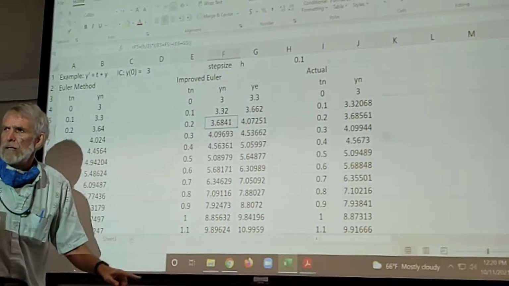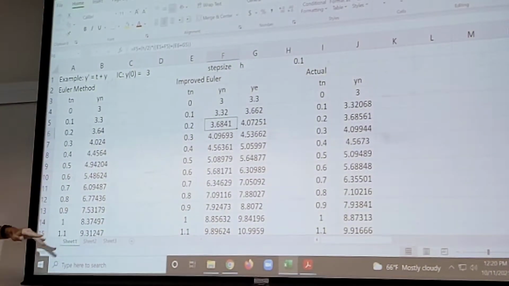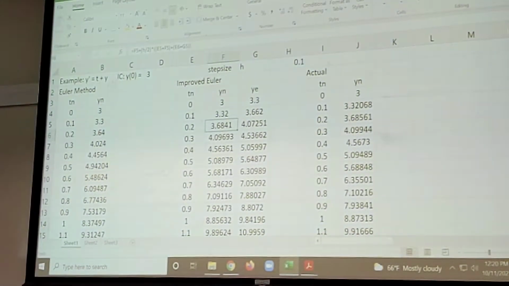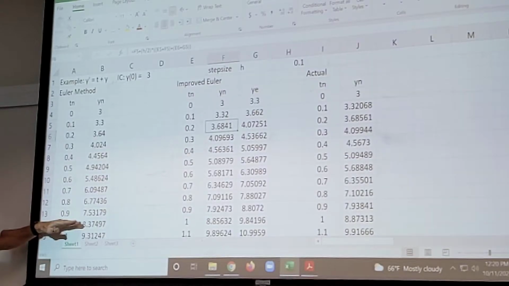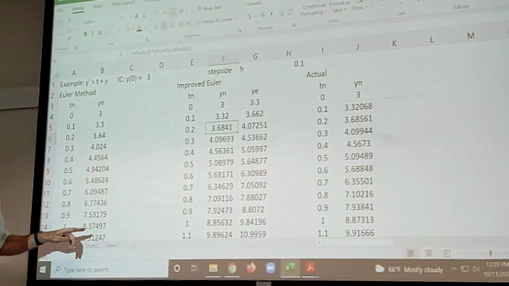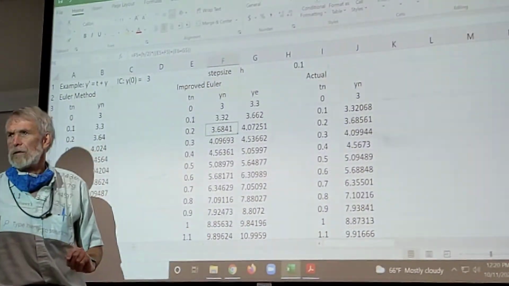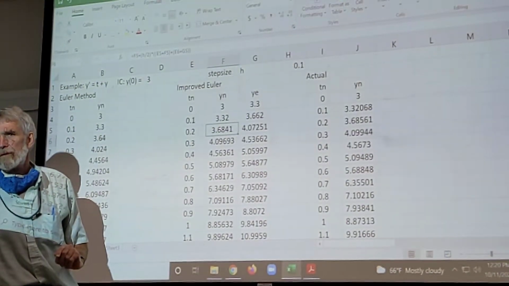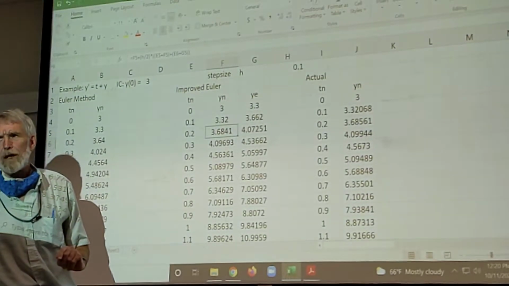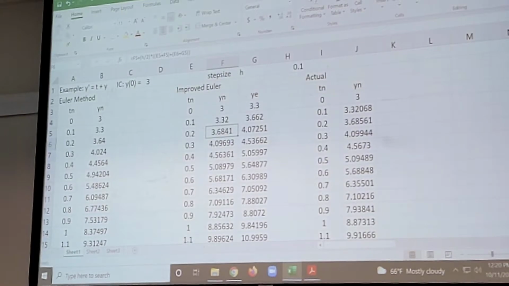All right? Now let's remember what happened here. To go from 0 to 1, how many function evaluations did I have to do? 10. 10 of them. 10 function evaluations left me with a 0.5 error. How many function evaluations did I have to get here? It's the improved Euler's. I had to do 20 of them, right?